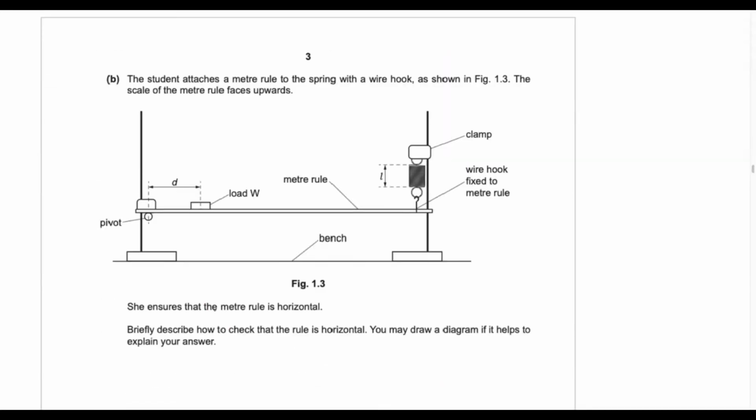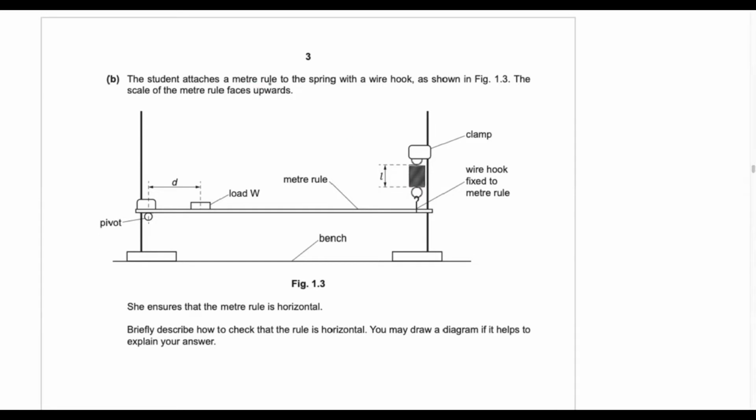Okay. Now we look at B. The student attaches a meter rule to the spring with a wire hook as shown in figure 1.3. So you see the figure 1.3, the spring is here.